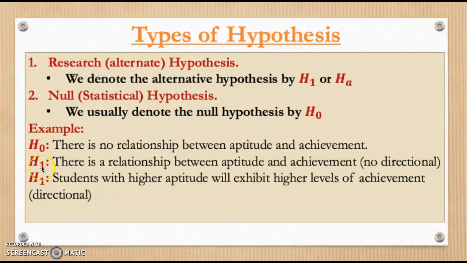Alternative hypothesis, for non-directional: there is a relationship between aptitude and achievement. The other alternative is directional: students with higher aptitude will exhibit higher levels of achievement.